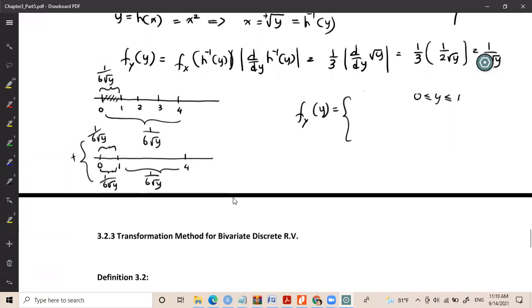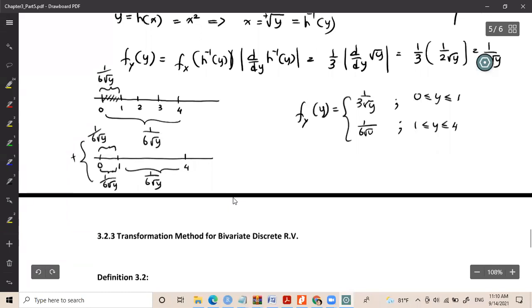So what does that mean? That is 1 over 3 square root of y. And then in the interval 1 to 4, you have 1 over 6 square root of y. And all the other places it is 0. So this is how you have to write the final answer.